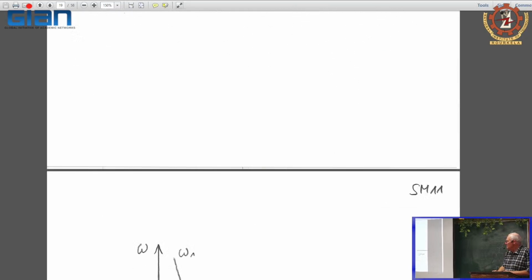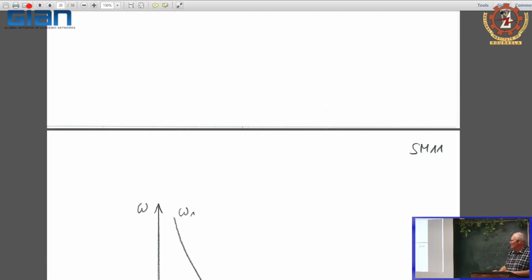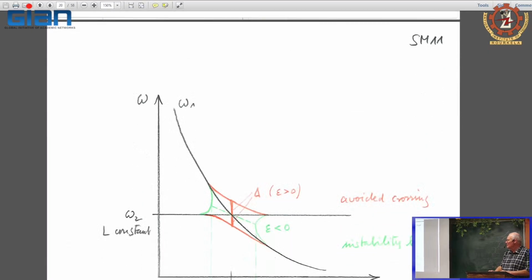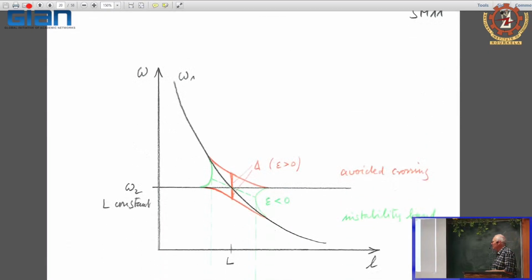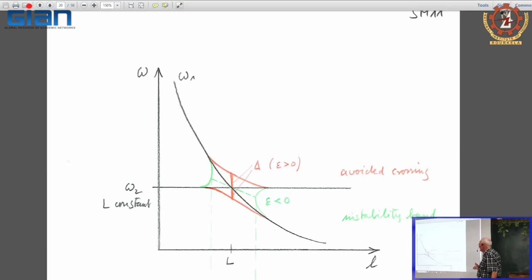So what does it mean if we try to illustrate this in a graphic way? Let's illustrate this behavior of these two modes. We have two modes corresponding to the two pendula. Then omega will be a function of the length small l, whereas in our experiment we take the length of one of these pendula equal to constant.